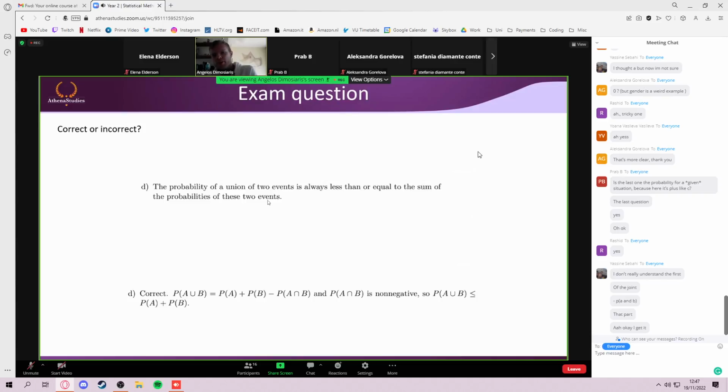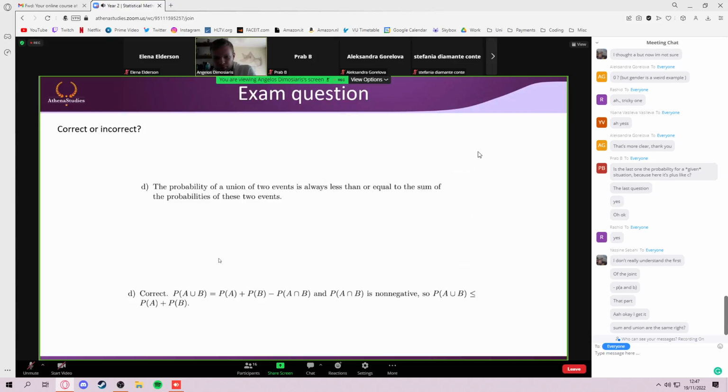So these two events is rich and male. Sum or the union. Yeah, here they refer to the sum of the probabilities of the two events.